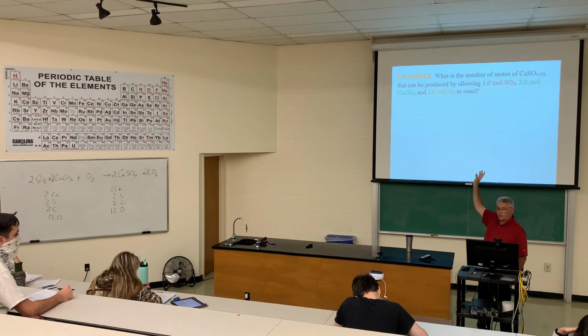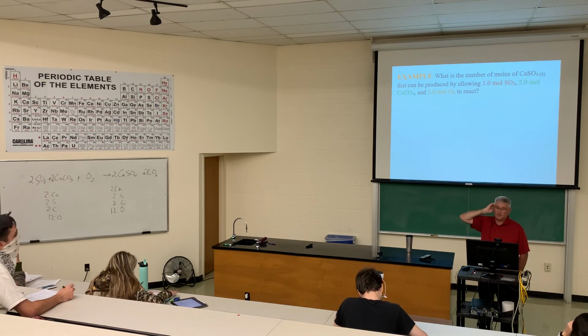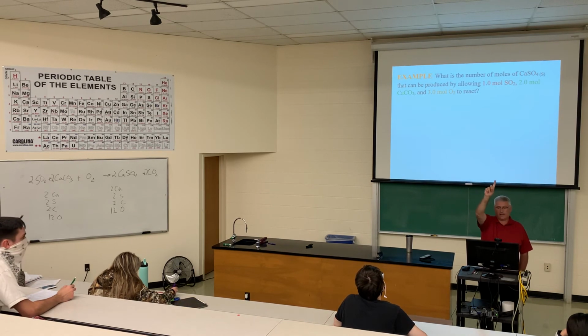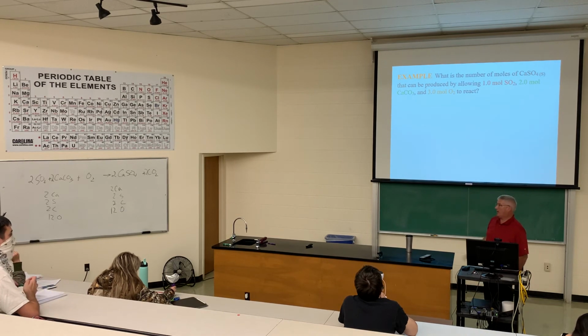Okay, what's the question asking? How many moles of product calcium sulfate can be made from 1 mole of SO2. Now, what it's saying is that I have extra of the calcium carbonate and the oxygen. Okay? If I have 1 mole of SO2 and it's limiting me, how much product can be made?